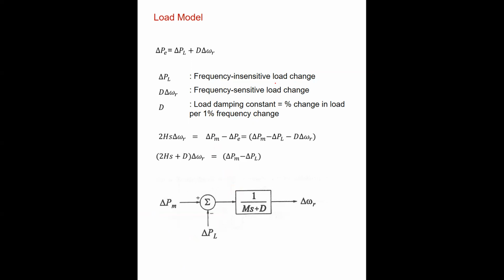No. Just here. Whenever you have a change in the delta PG, and then again you have some deviation in the delta PL, now this part is the change on the generation side, and this is the change on the load side, right? Now, if there is a mismatch between the generation side and the load side, what will happen?